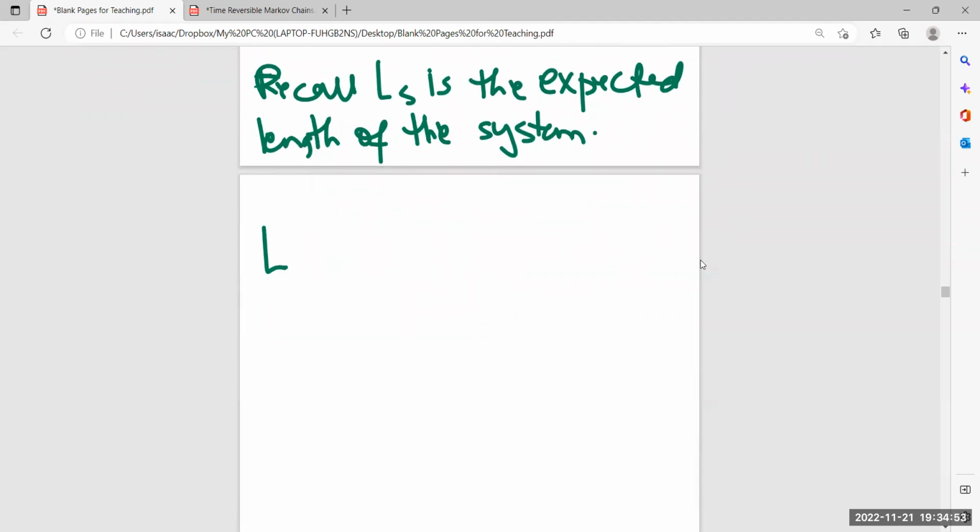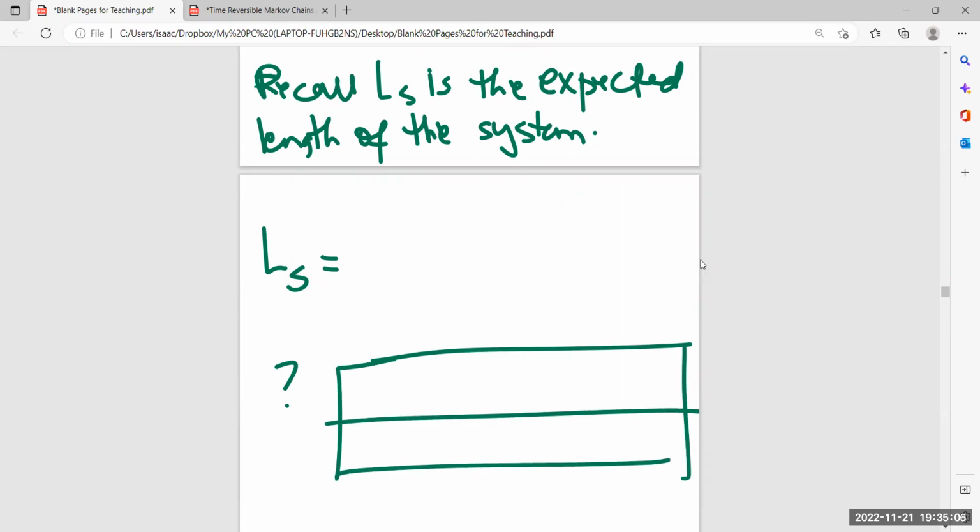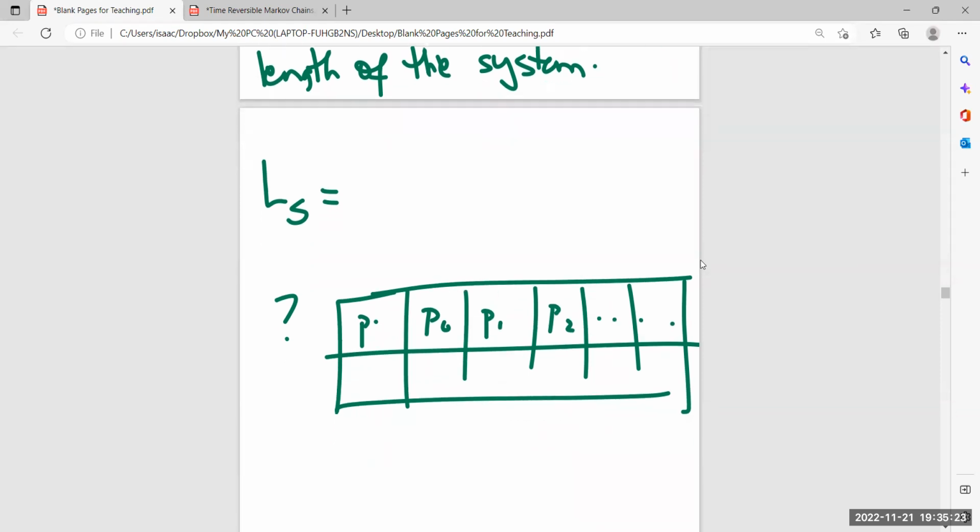Right. So LS is equal to, well, how do you get an expectation? It's something like this, right? It's a table like this that you normally work out. And these probabilities that we have here are what we are calling P0, P1, P2, etc. And what is N? Well, N is the number of persons in the system.